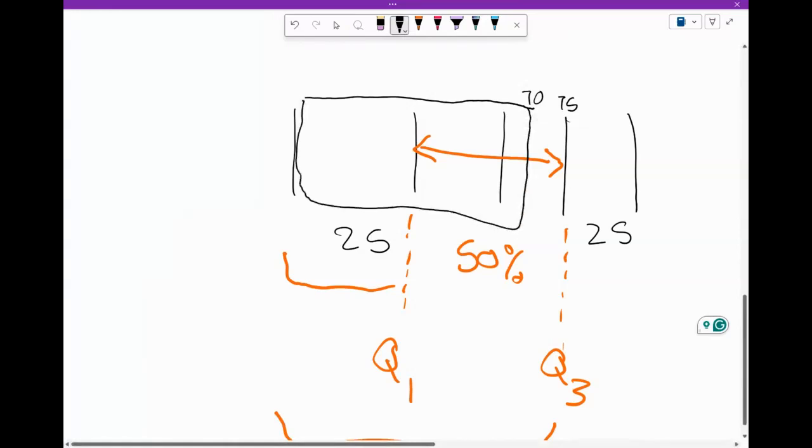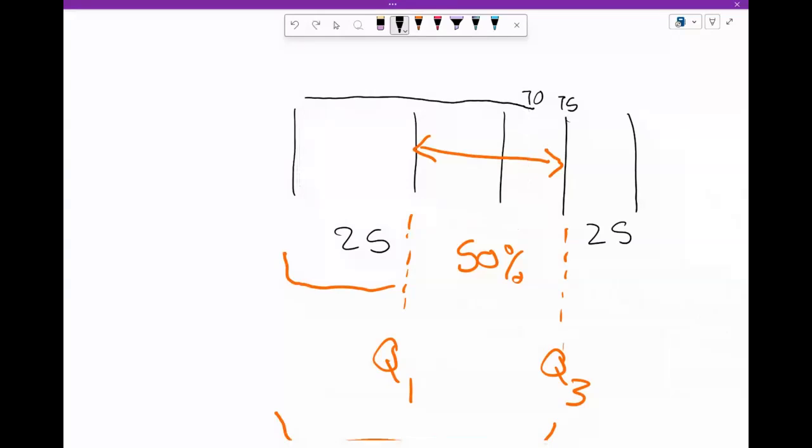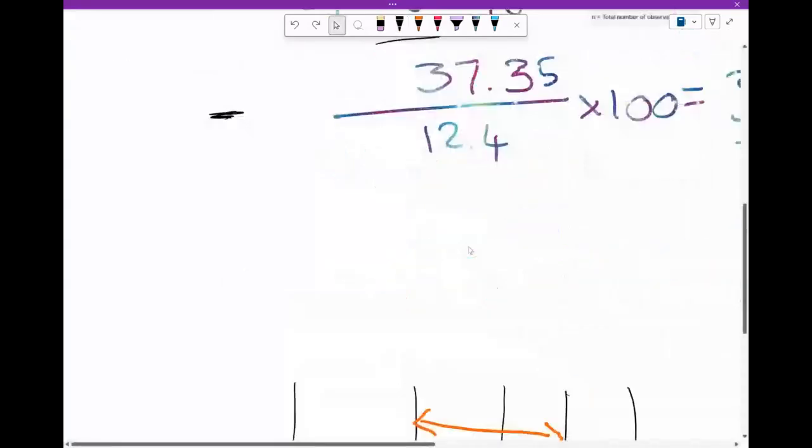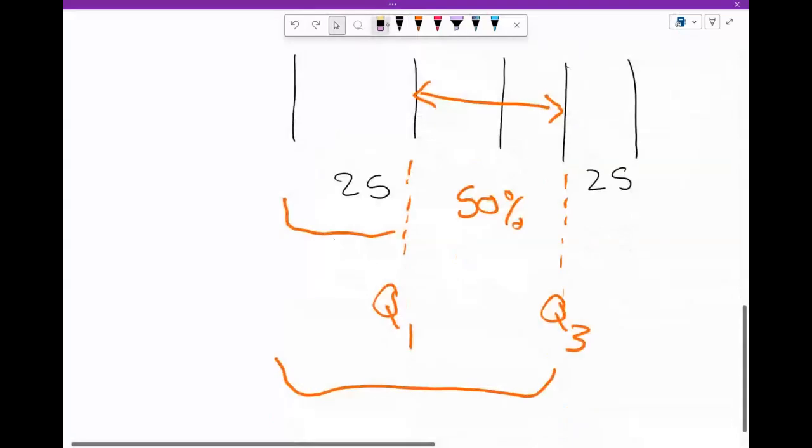But they basically said the middle 70% range. So how would we then get the middle? And now I'm going to erase what we have over here. We want the middle 70%.